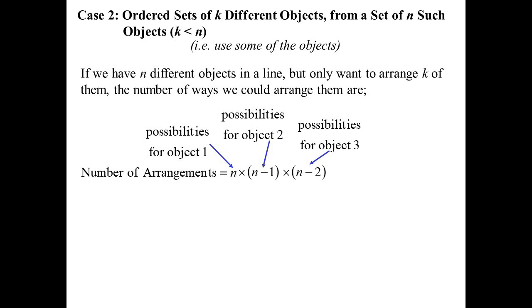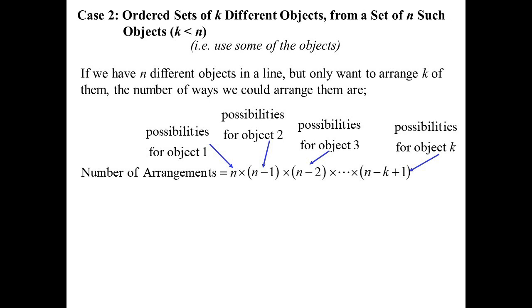So if I'm now grabbing the kth object, how many are there to choose from? Look at the pattern. When I chose one object, it was n. When I was getting the second object, n minus 1. When I was getting the third object, n minus 2. So therefore, when I'm getting the kth object, it must be n minus k plus 1.